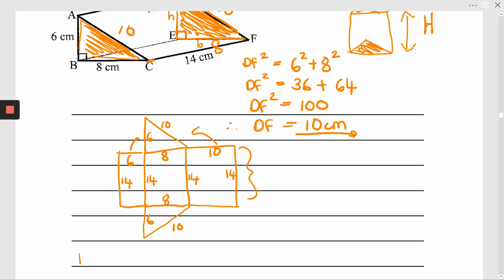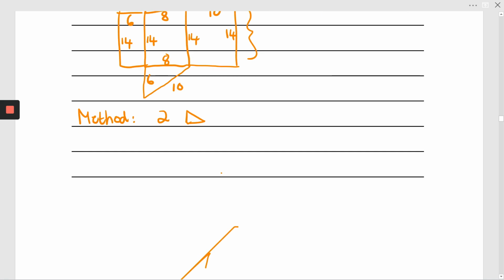So method 1, I'm going to add up all of the different shapes. Method 1 is going to be 2 of my right-angled triangles plus rectangle A plus rectangle B plus rectangle C. And of course they're, in this case, all different, but I could have 2 of them the same.